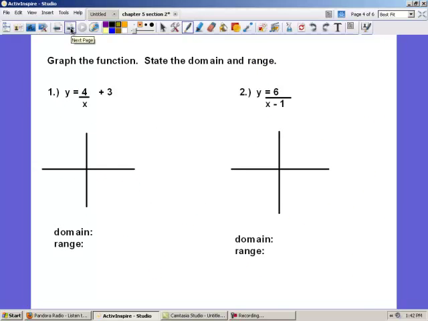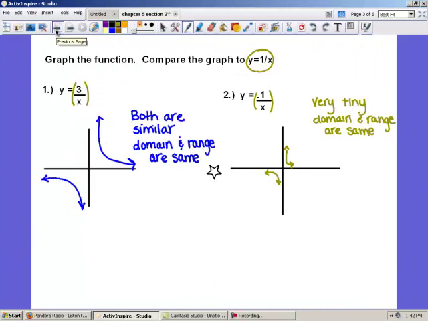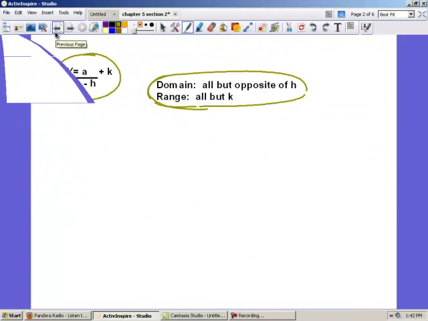Okay, now we're going to talk about the domain and range of graphs that aren't always 0. Remember this slide I told you I was going to go back to, which I'm going to go back to right now. We have this general equation here. If we don't have an h down here, of course that h would be 0.